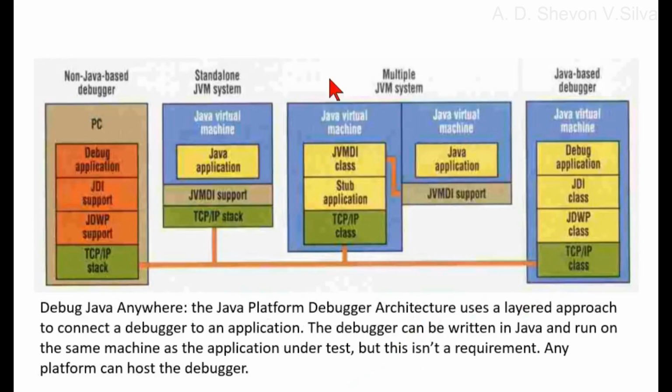Now we are considering debug Java anywhere, and Java platform debug architecture delivers portability. The Java platform debug architecture uses a layered approach to connect a debugger to an application.